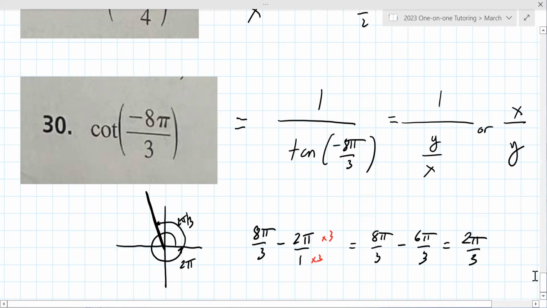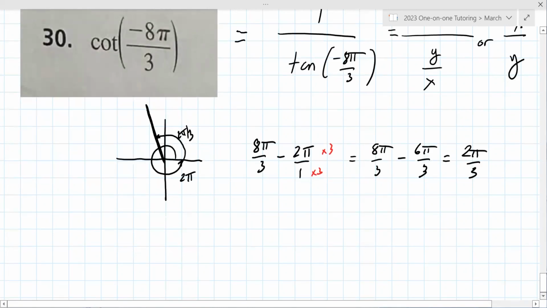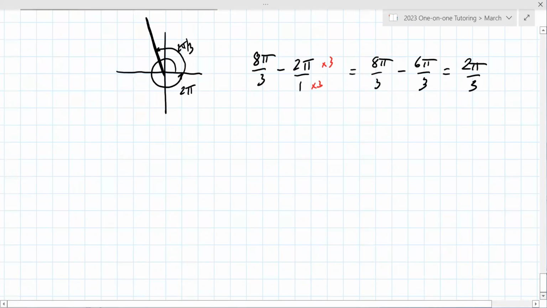Yeah, so it would be negative 1/2, is that right? Yeah, that's right, over radical 3 over 2. A negative radical 3 over 2. Oh, yes.